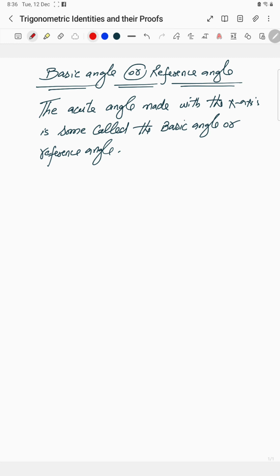The most important point to note is that it is a kind of acute angle. You know an acute angle is always less than 90 degrees, and it must be made with the x-axis. That is called the basic angle or the reference angle.